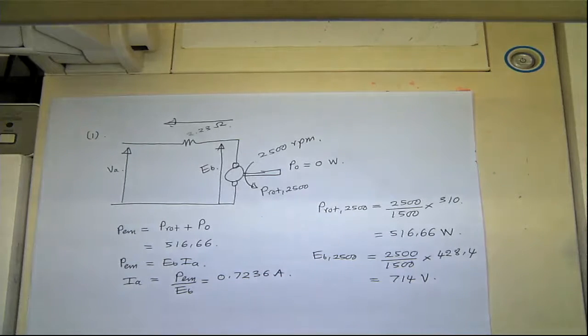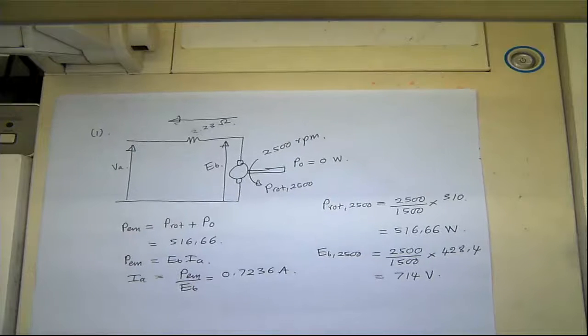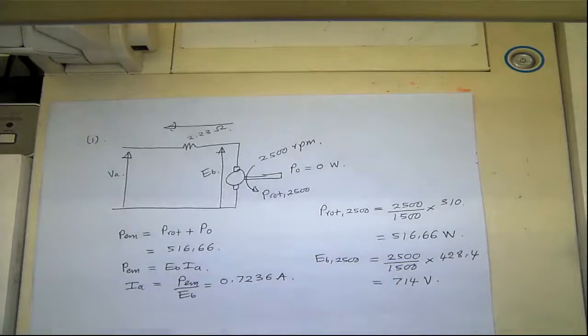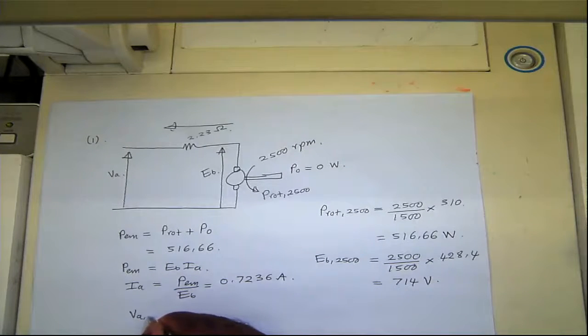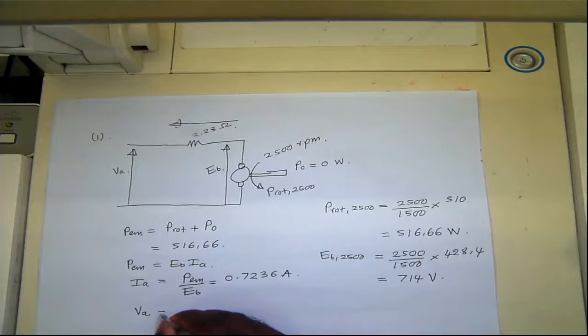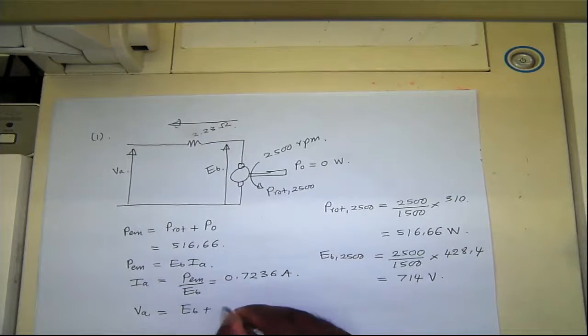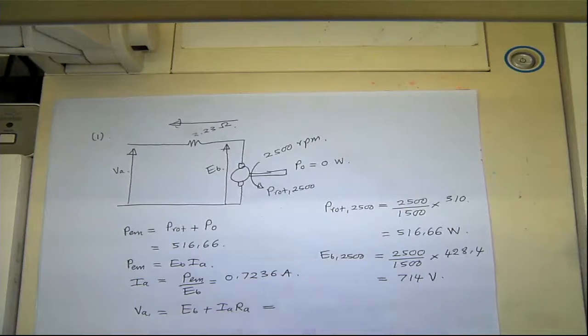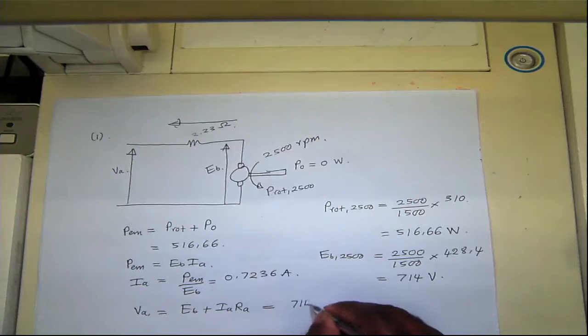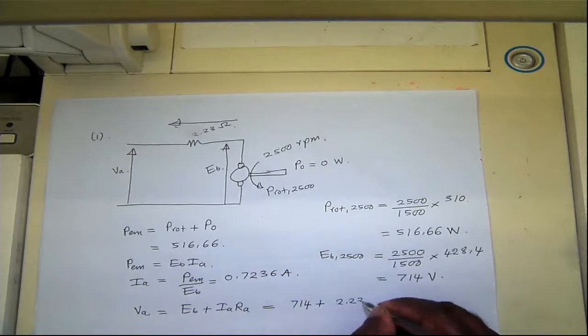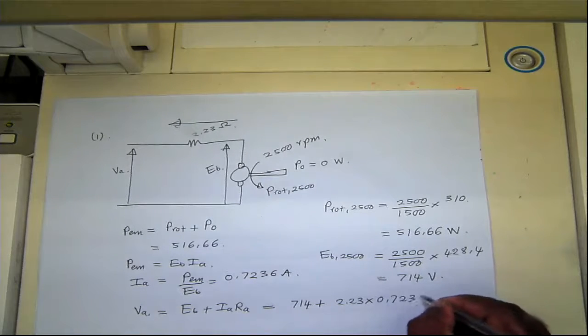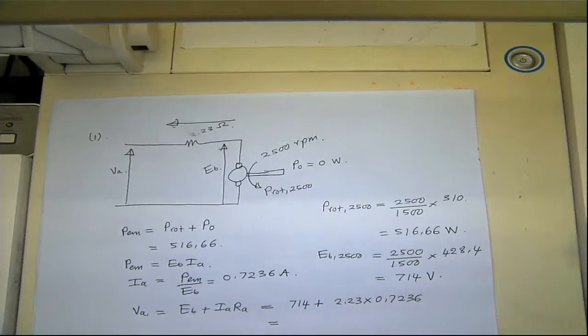That's the no load current. Multiplied by 2.23, it gives you the voltage drop. So the required armature voltage to drive this without field weakening is EB plus IA RA, which is 714 plus 2.23 times 0.7236, about 715.6 volts.